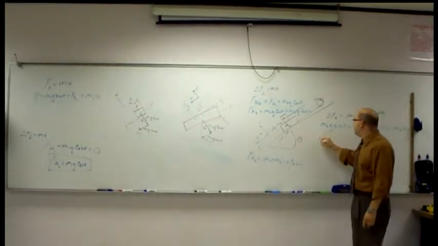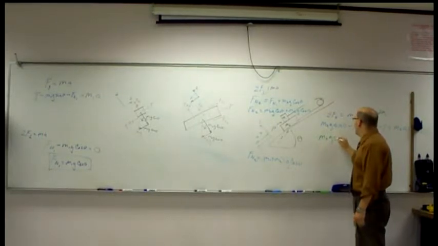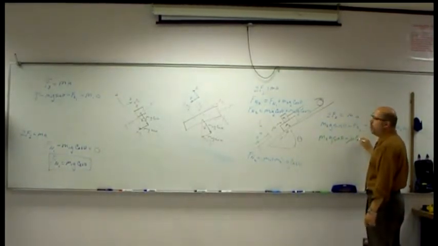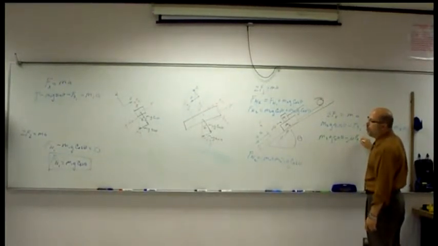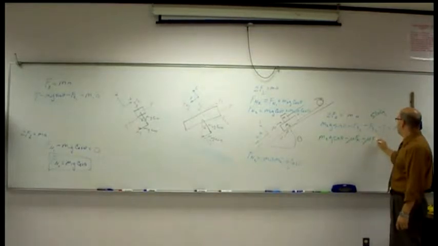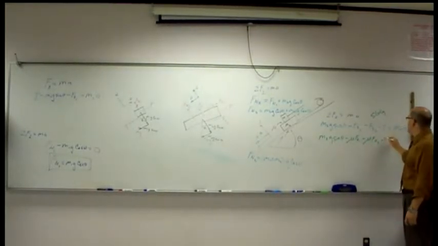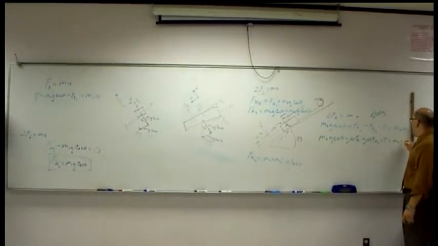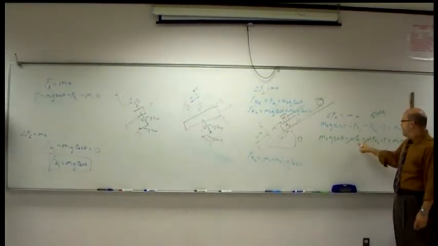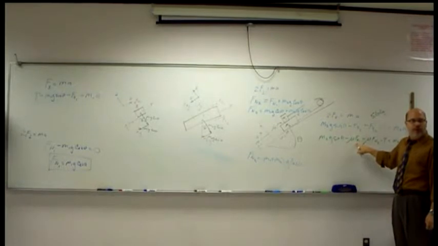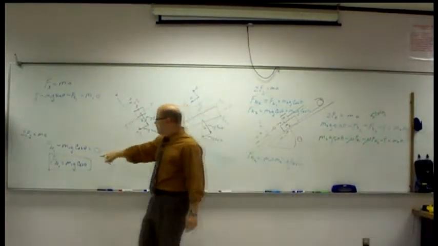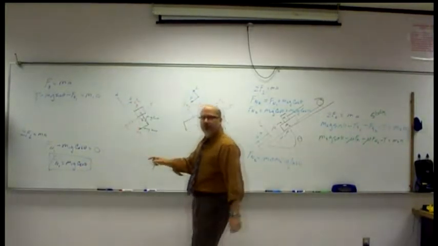Alright, then this becomes m2g sine theta minus mu force normal 1 minus mu force normal 2 minus T equals m2a. Now look where this keeps going. Now we've got to plug in the normal force, right? And what was the normal force? Right here, right?